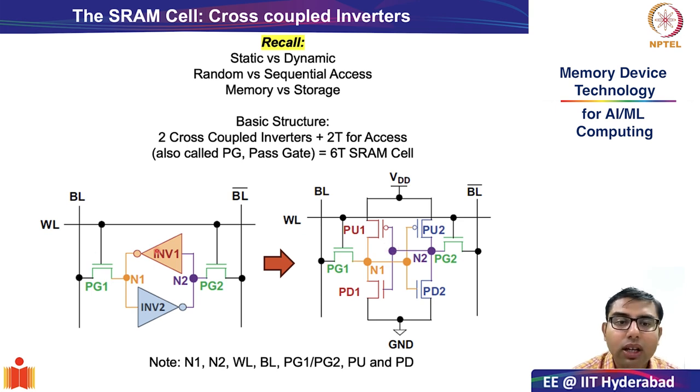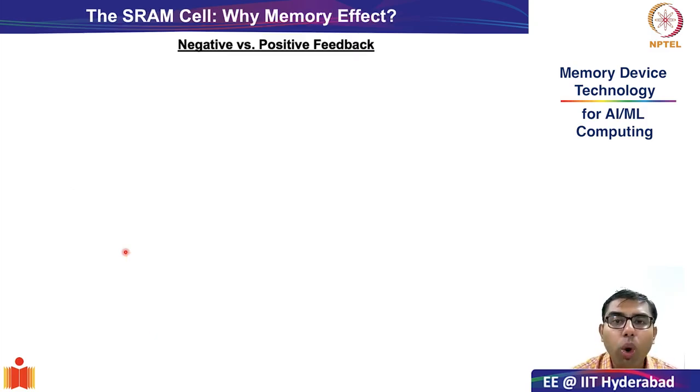And this is where the terminology of cross-coupled inverter comes from. So I hope we have been able to capture or understand what is the basic structure of a 6T SRAM cell. Next, we will go ahead and talk about why there is a memory effect in SRAM cells.